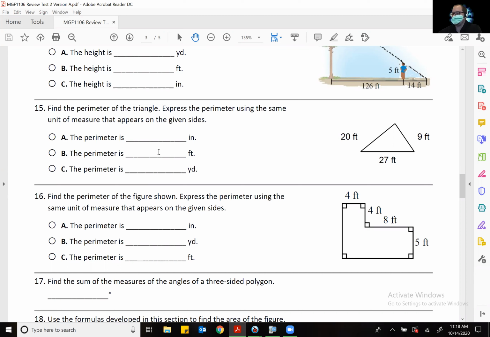All right. 16. Again, another perimeter problem. Let me draw this picture out real quick. Give me just a moment.